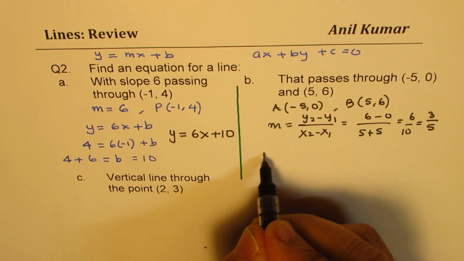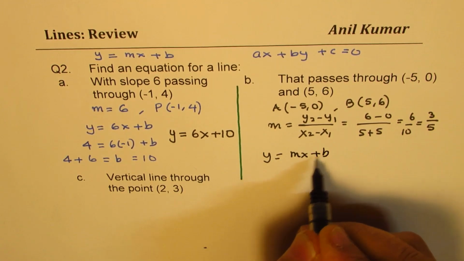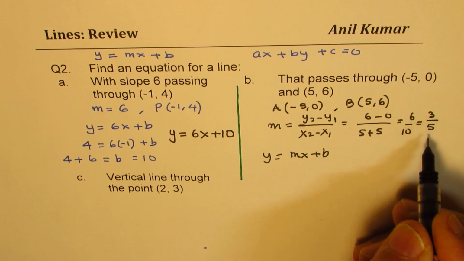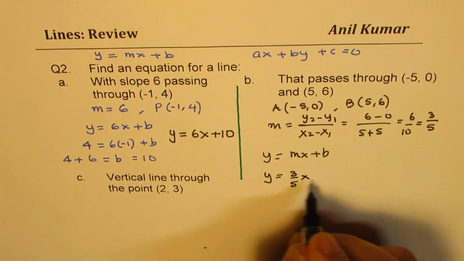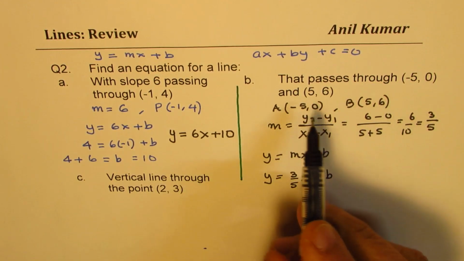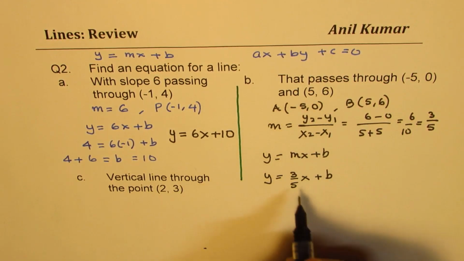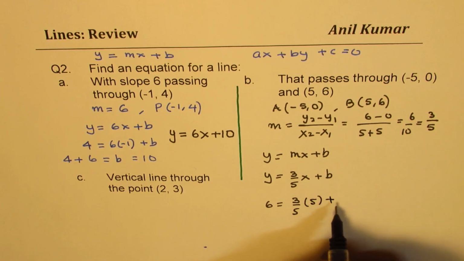So we can again write y equals mx plus b, right? Where m for us is 3 over 5. So we get y equals 3 over 5 x plus b. To find b, we can use one of these points. Let's use 5 and 6, right? So 6 equals 3 over 5 times 5 plus b.